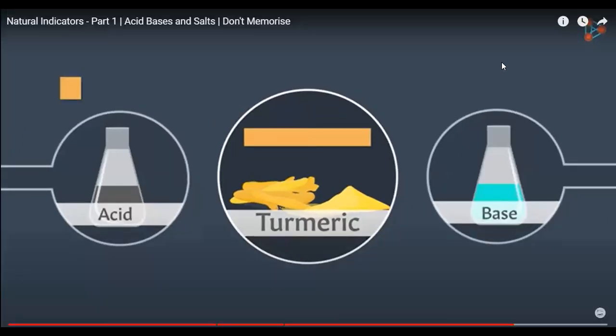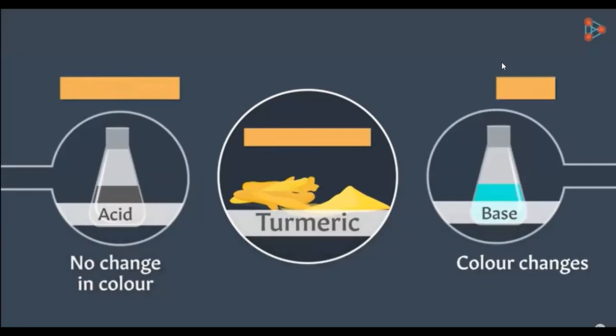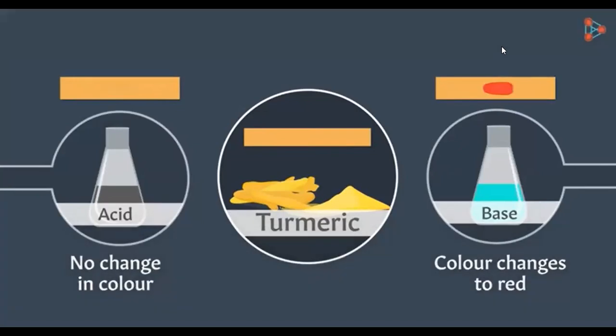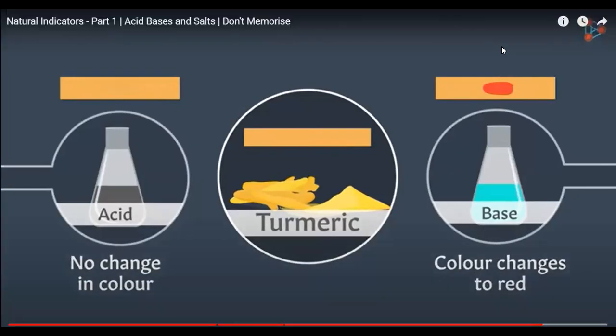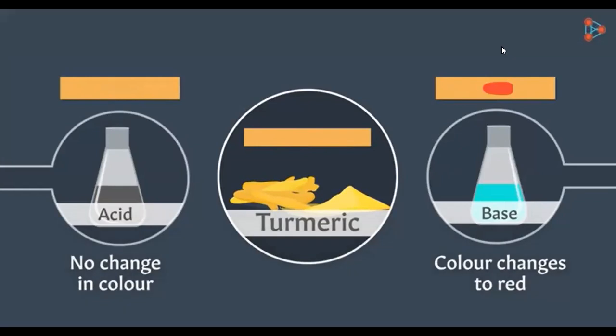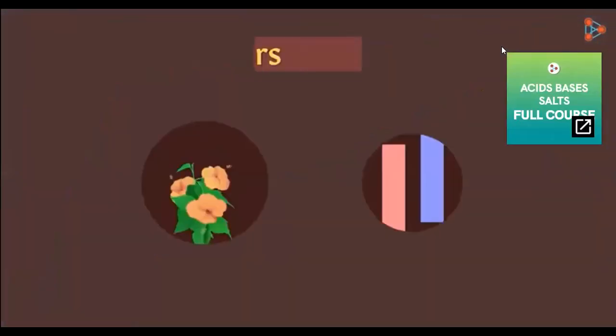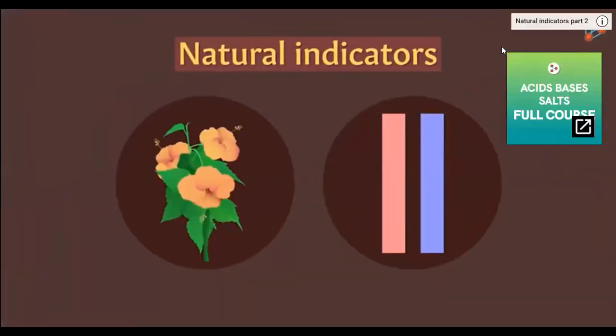Acids remain unaffected while basic solutions turn red. And there are more natural substances that can be used as indicators. Yes, there are many in the list. Next, let's look at two more natural indicators which help in detecting the acidic and the alkaline nature of solutions.